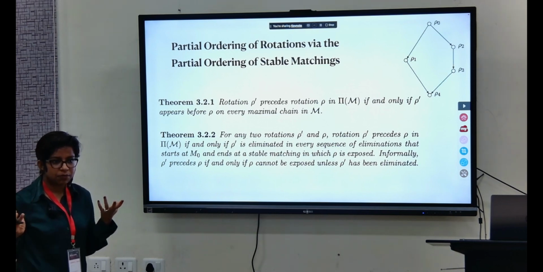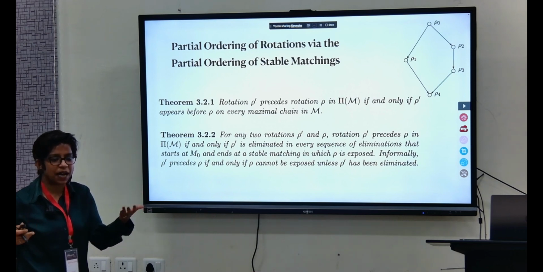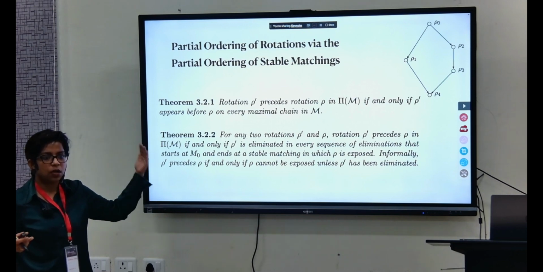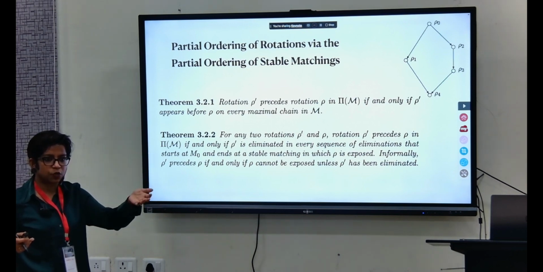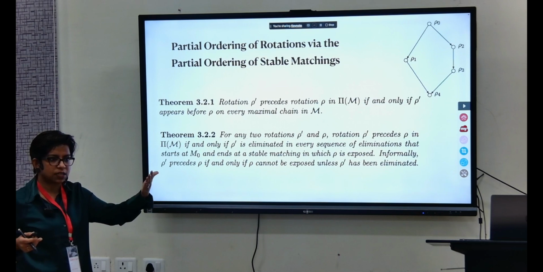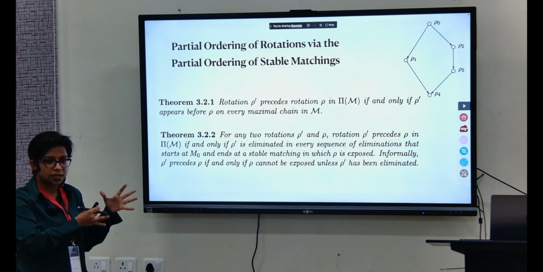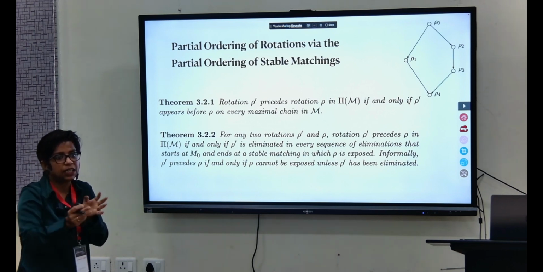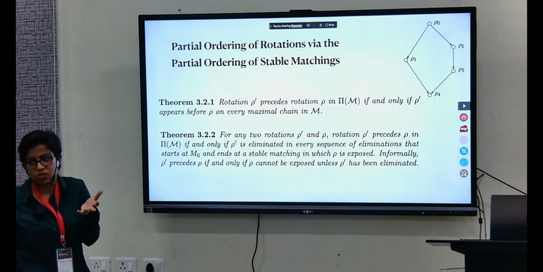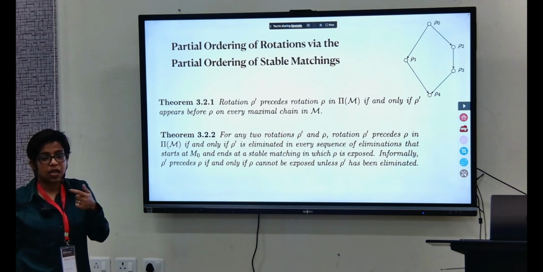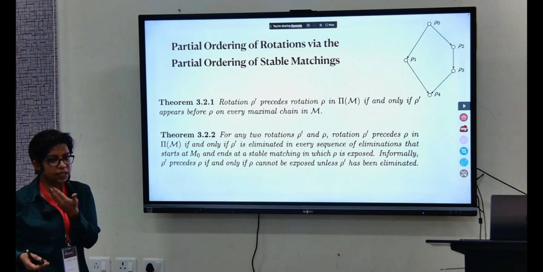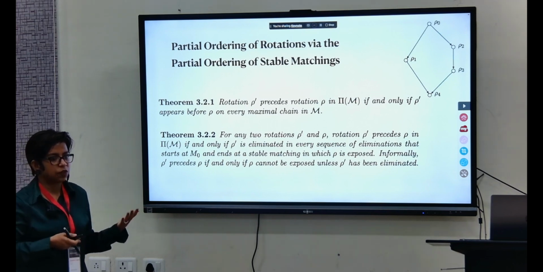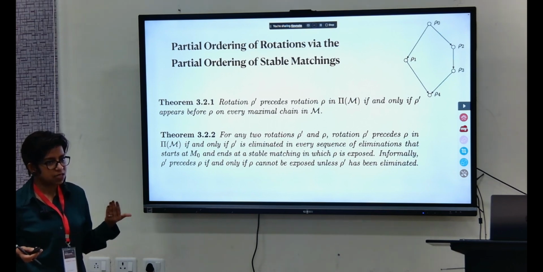That is the mysterious part. The rotation was literally defined with respect to the matchings, right. We saw exposing and elimination of rotation happens because of the matchings. So, the fact that the partial ordering on the matchings induces a partial ordering on the set of rotations is not surprising, that is almost constructive. The point is the other way around, how we define a property on rotations and can infer the entire stable matching lattice from that.